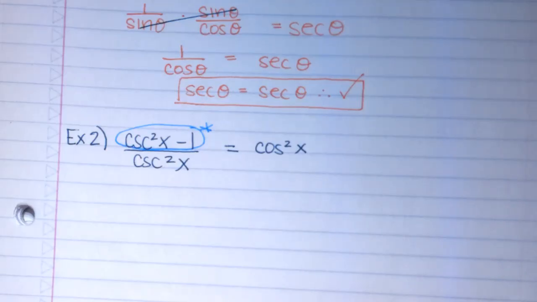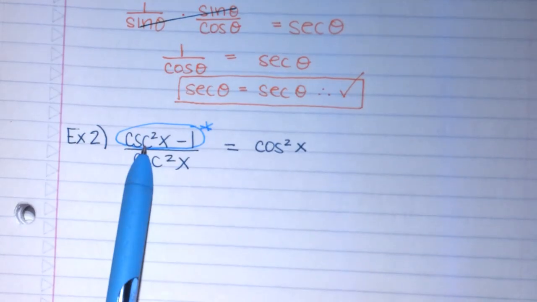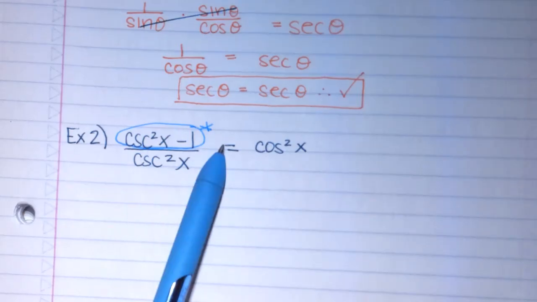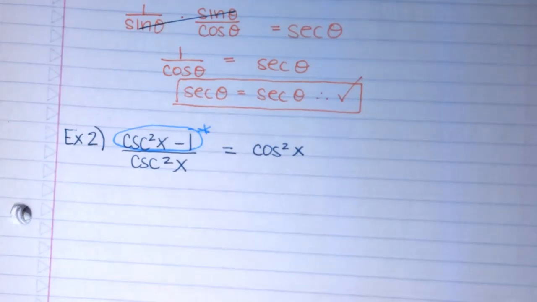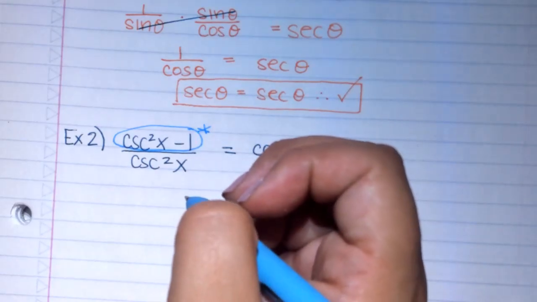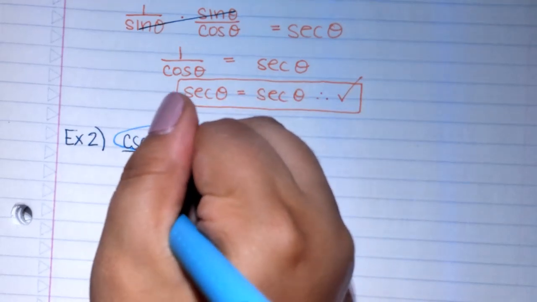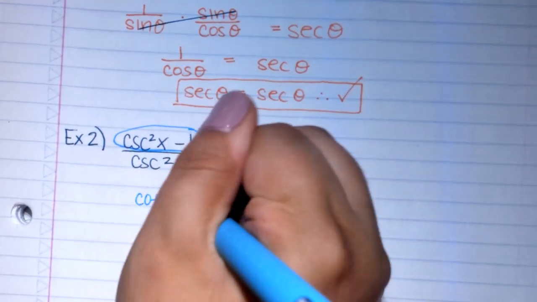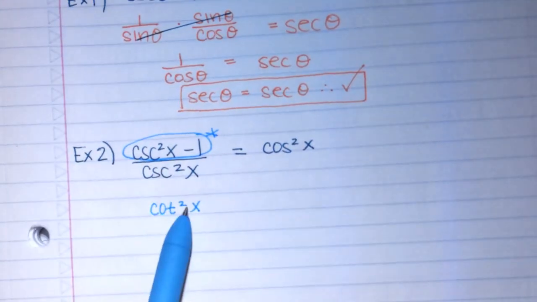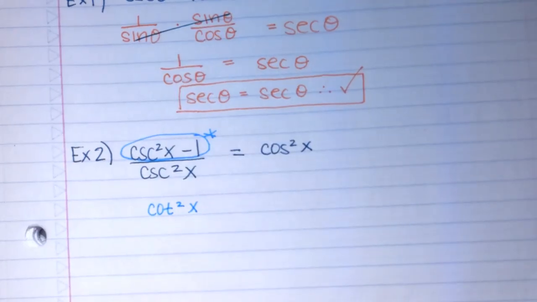If you see CSC, cheese, minus 1, that goes with cottage, cotangent. Or you could say cottage Costco. CSC, your teeth are always showing. And when your teeth are showing, you say cheese. Okay. So what I just starred, that equals cotangent squared x.